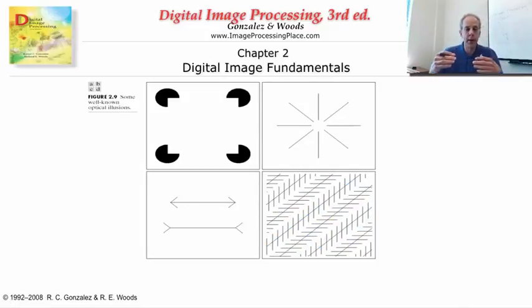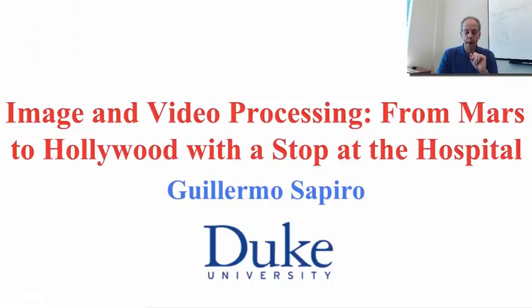The perception that they are meeting each other is the result of a visual illusion. So it's important when we're doing image processing to understand how the visual system works, once again, because the main client of image and video processing is basically us.